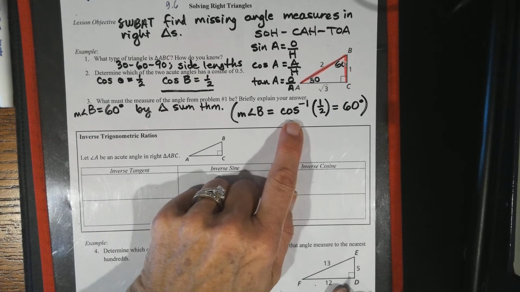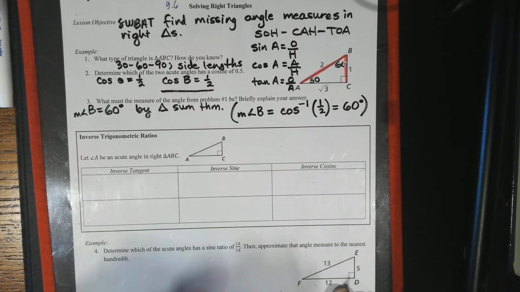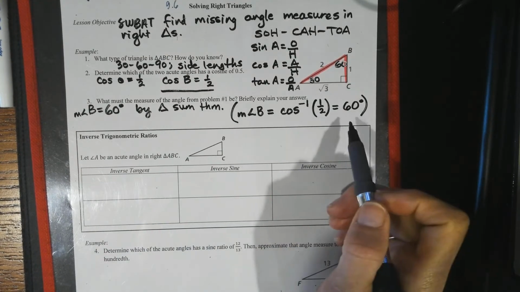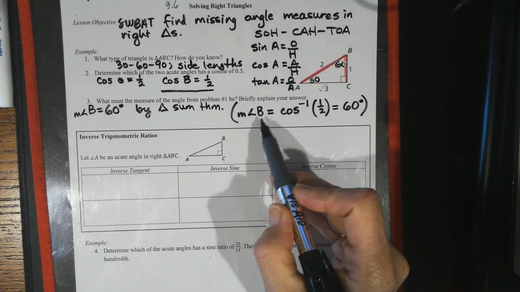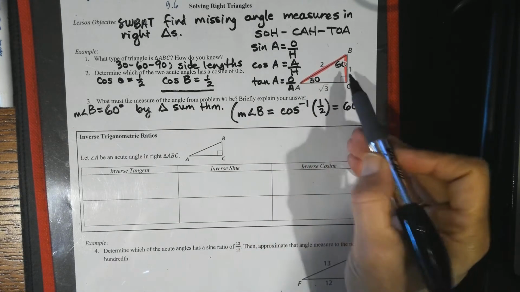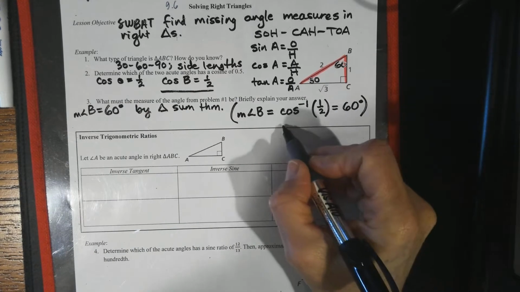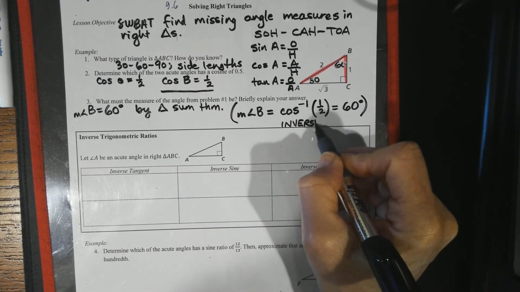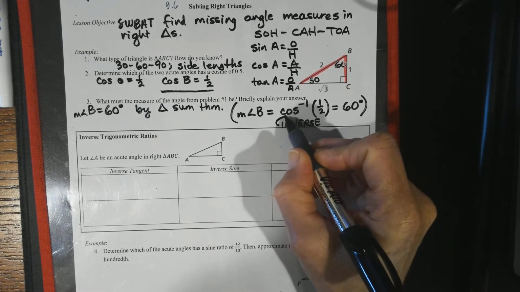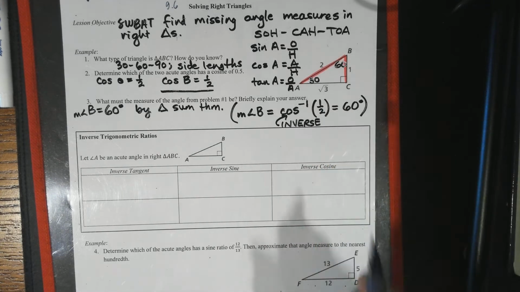I'll explain this next. What this says is that the measure of angle B is equal to the inverse cosine of 1/2.